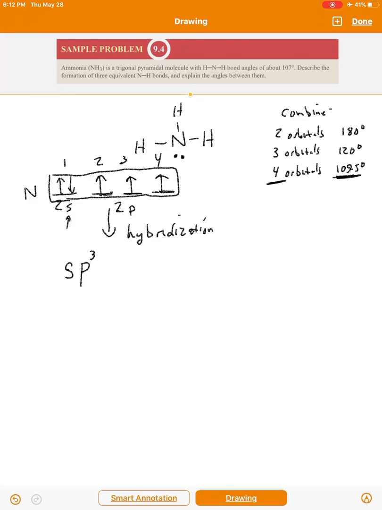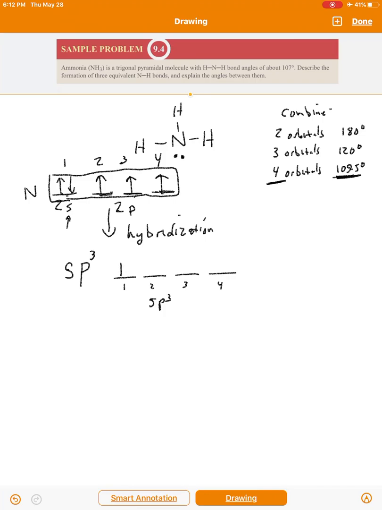Now, what happens is, when you get the orbitals mixing, the number of orbitals you get out is equal to the number that get added together. So if you're adding 4 orbitals together, you're going to get 4 new orbitals, and they're all called sp3. But there's going to be 4 of them. These are equivalent orbitals. Okay? So now you say, okay, let's put our electrons in here. How many electrons do we have? We have 5.